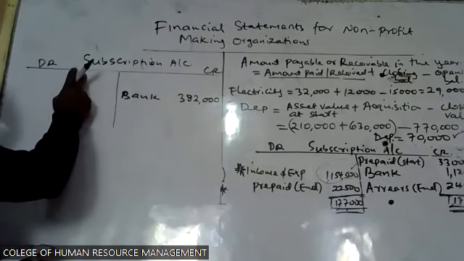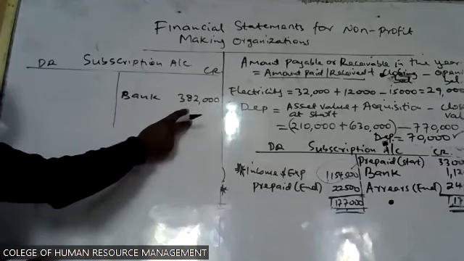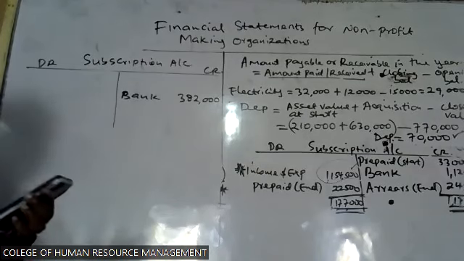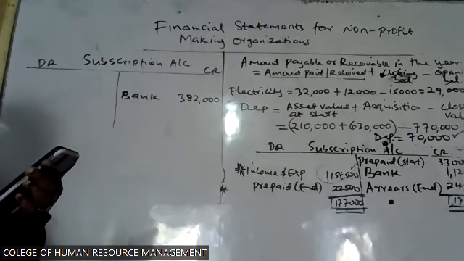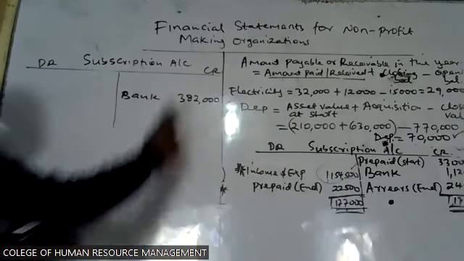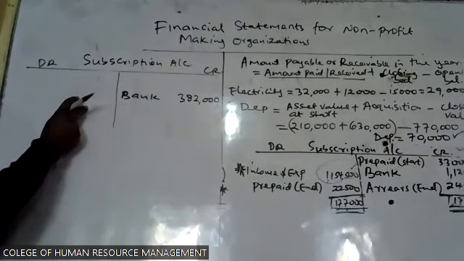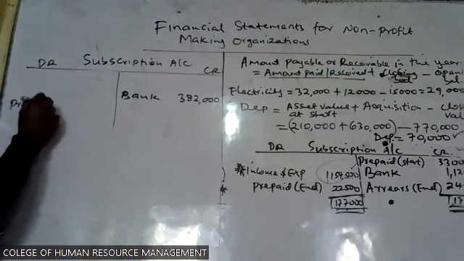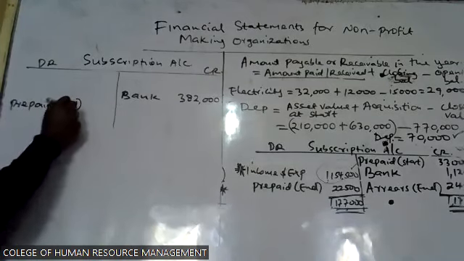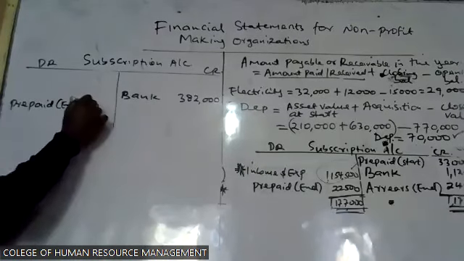Arrears at the start, arrears at the end. If you go to the balances, prepaid subscription, we don't have for the start, but we have for the end. So you can come here and say prepaid at the end.